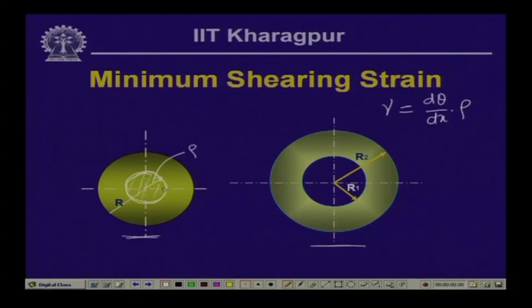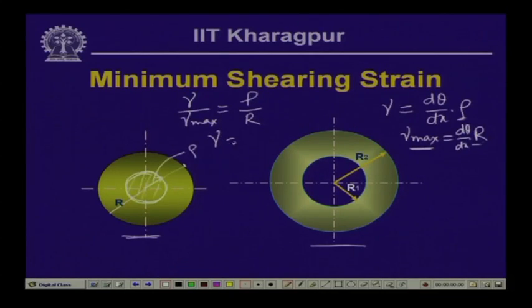This shearing strain becomes maximum when it reaches the outer periphery, which is equal to r. So, gamma max is equal to d theta by d x times r, when rho becomes r. So, we can write that gamma by gamma max is equal to rho by r, or gamma is equal to rho by r times gamma max.